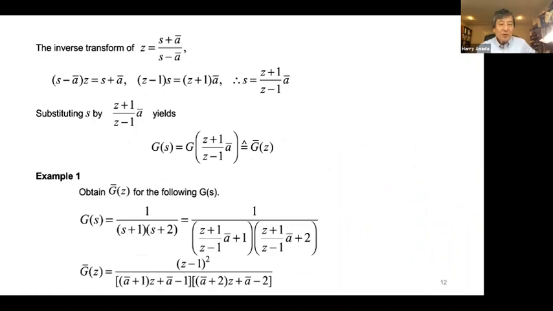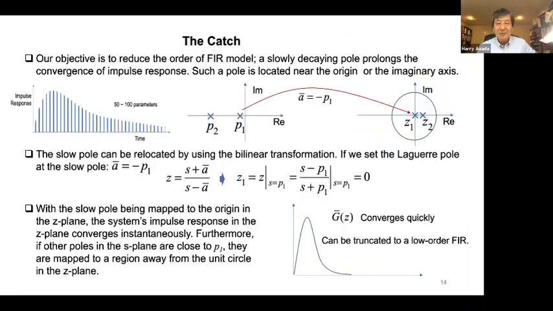Okay, so what's the point? We had a lot of math. What's the catch? So here's the catch. Remember, our objective is to reduce the order of the FIR model, right? Slowly decaying poles prolong the convergence of the FIR response. Such a pole is located near the origin or the imaginary axis.